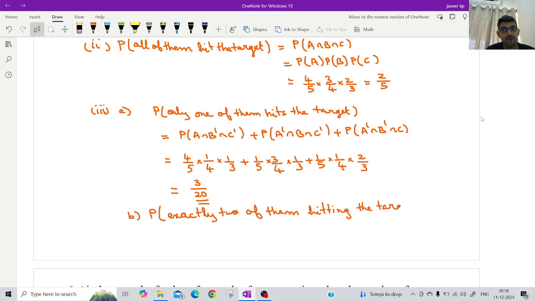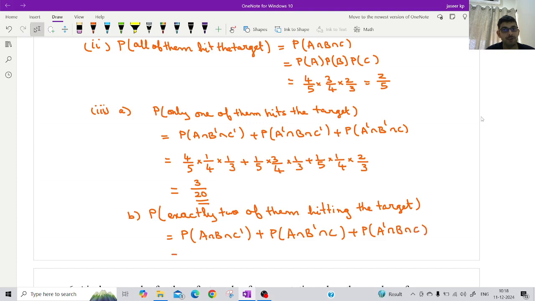So here also different cases to be taken. So first case, let us take A and B are hitting the target and C is not hitting, because exactly two should hit. Then A and C are hitting, B is not hitting. Then finally B and C are hitting, A is not hitting.